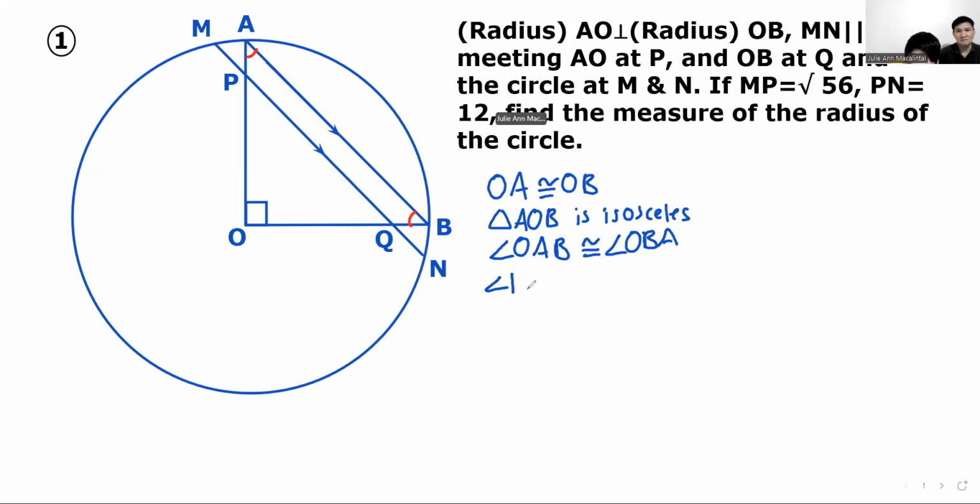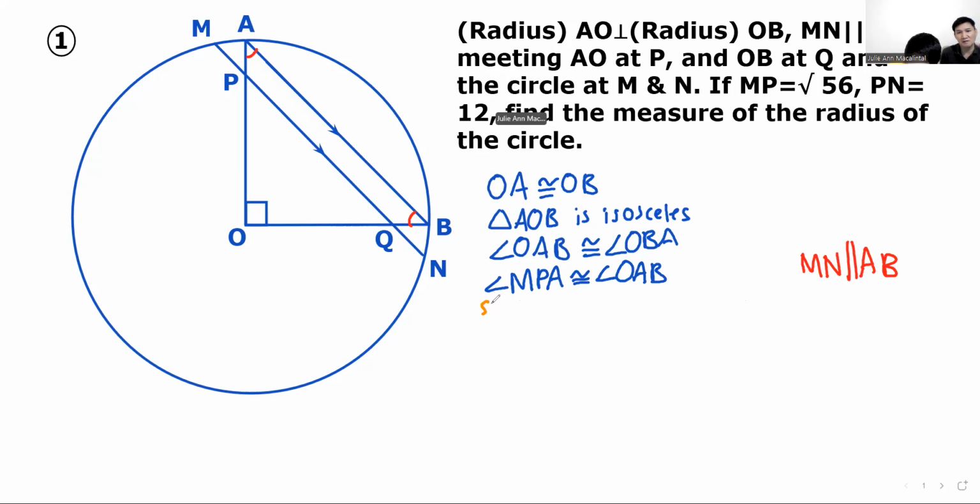Angle MPA is congruent to angle PAB, or OAB, because MN is parallel to AB. Similarly, alternate interior angles.